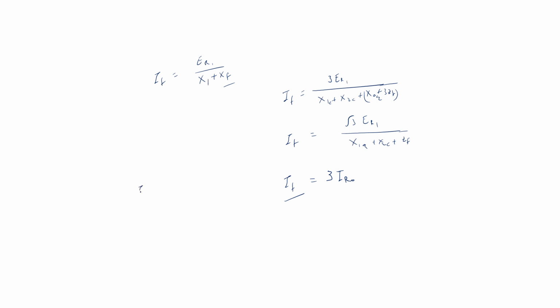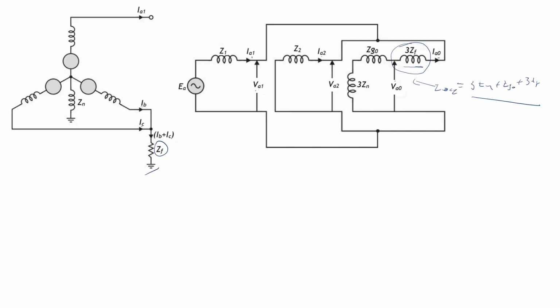So what is IR0? IR0 is equal to the opposite impedance Z2 equivalent by Z0 equivalent plus Z2 equivalent into IR1. Here there is Z0 equivalent, so we need to add 3ZF here. Why? Because that 3ZF is added in the zero sequence network. So you need to add 3ZF in the zero sequence network.